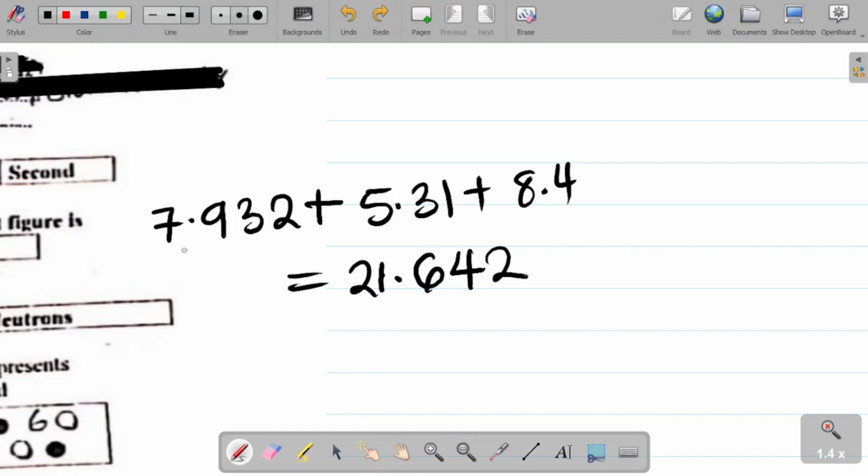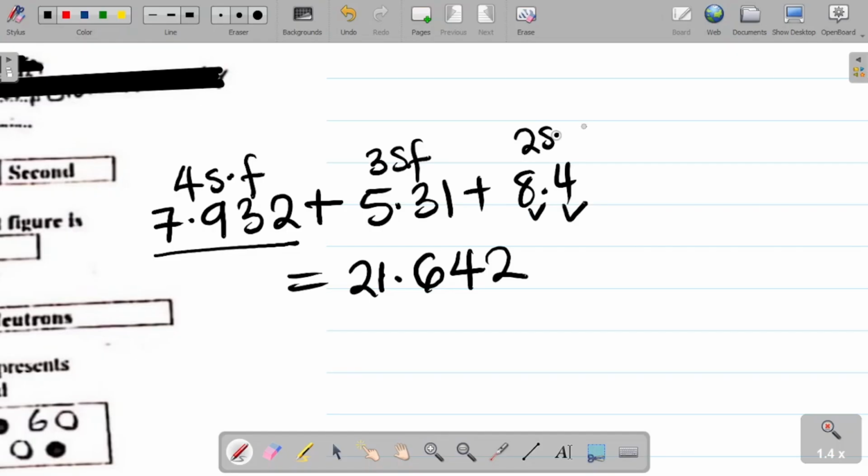For the first number, 7.932, you have 1, 2, 3, 4, so about 4 significant figures. The second number, 5.31, has 3 significant figures. The last number, 8.4, has 2 numbers, 8 and 4. That becomes 2 significant figures.